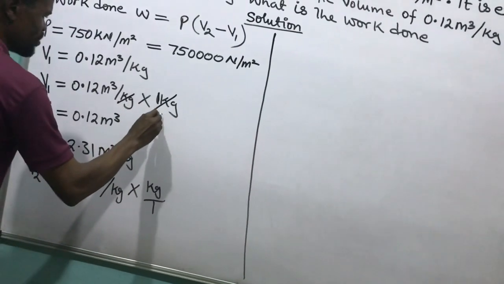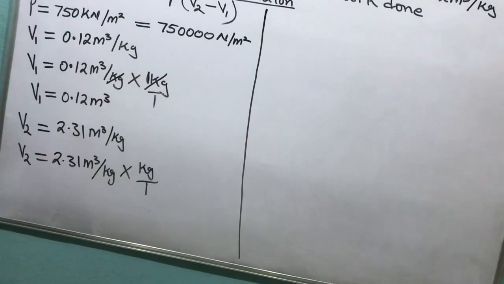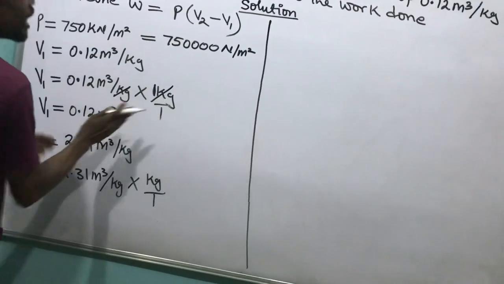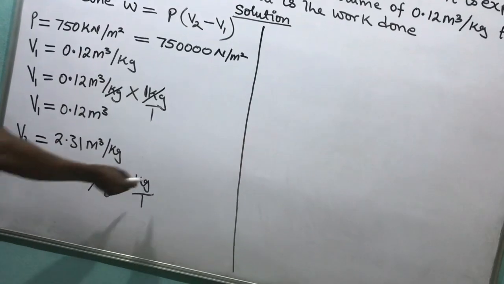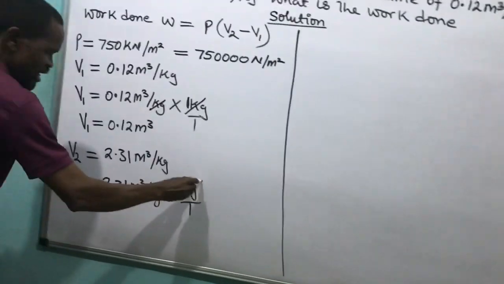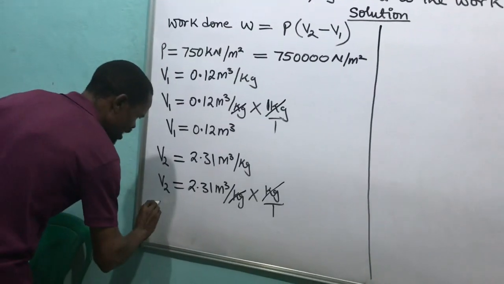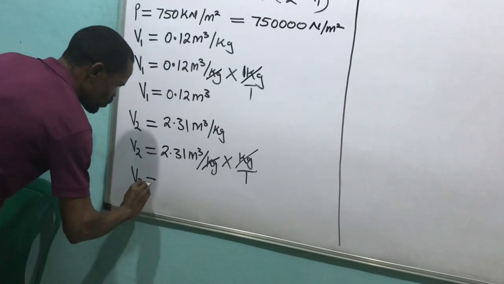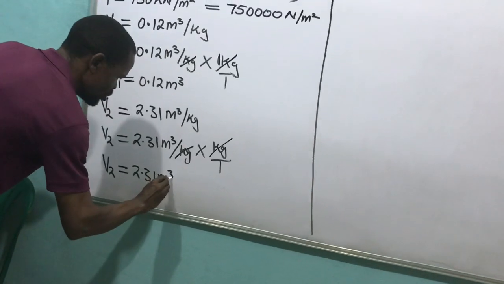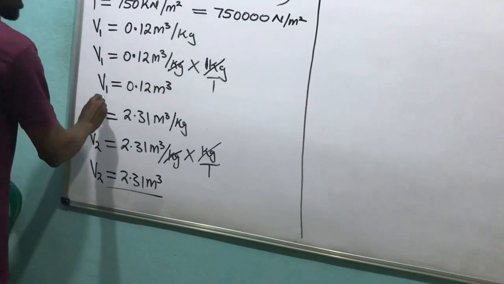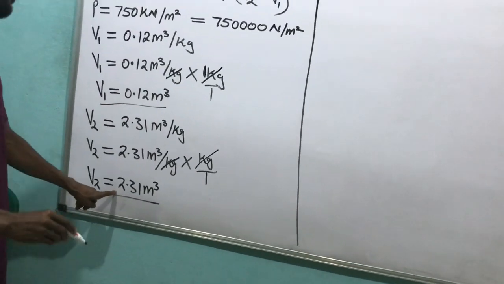You remember that anything we write is divided by 1. Then multiply this through and the kilogram cancels. I will have V2 equal to 2.31 meter cube. That's my actual volume.